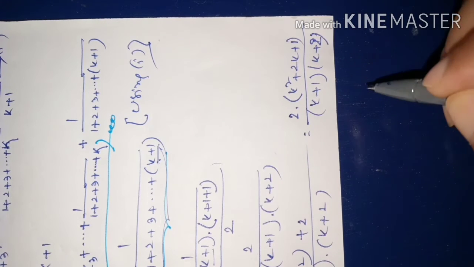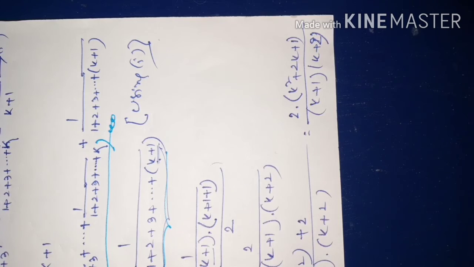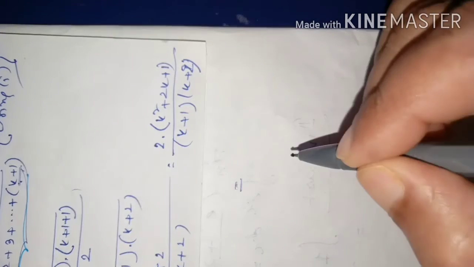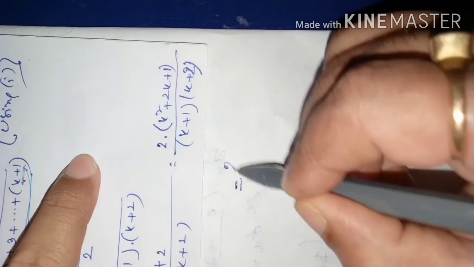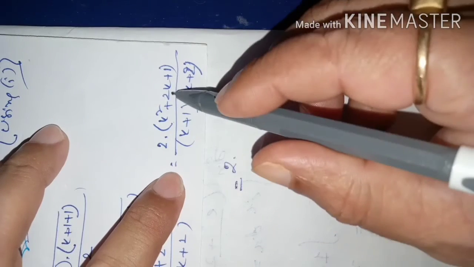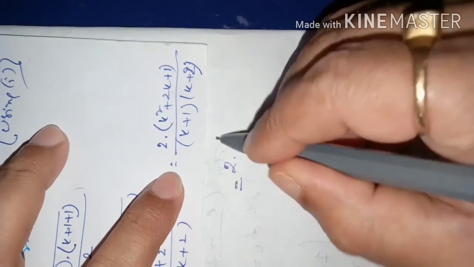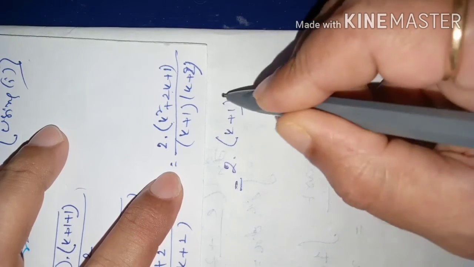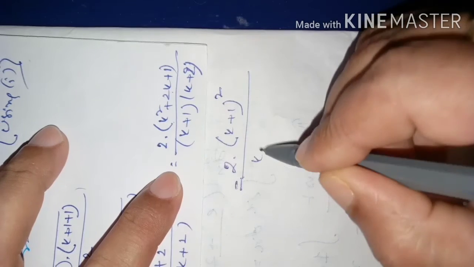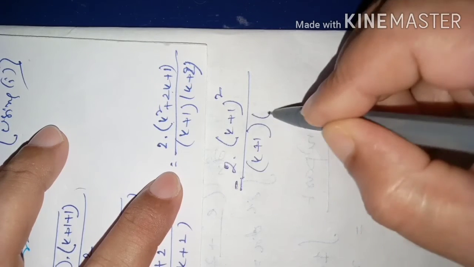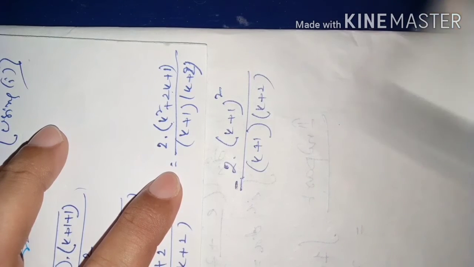Simplifying this expression we will get equal to 2 into, since it is a square plus 2ab plus b square type, it can be written as k plus 1 the whole square divided by k plus 1 into k plus 2. Okay dear students.